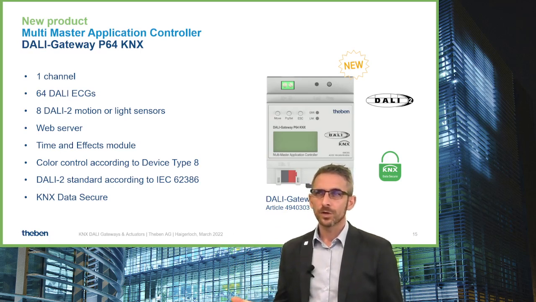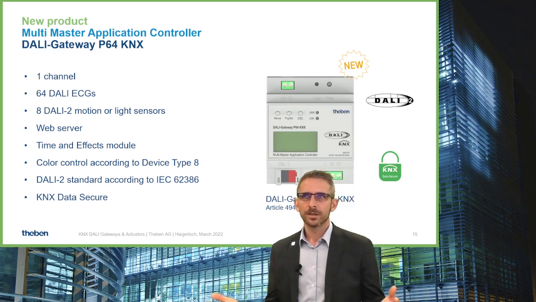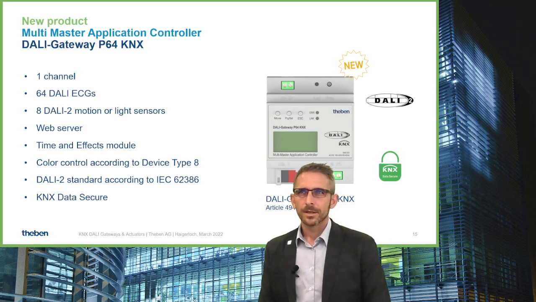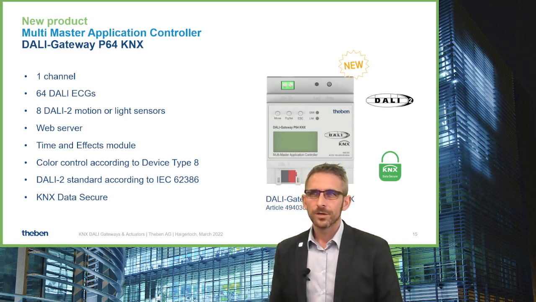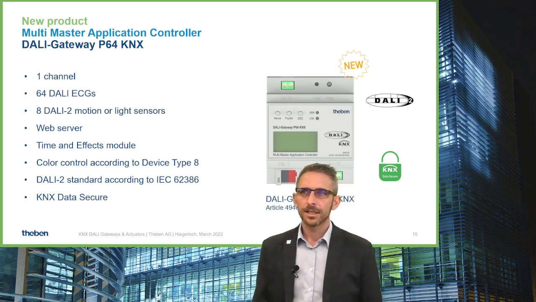And the time module can be used for the same, but the time module very often is used to simulate daylight. Sometimes we heard about human-centric lighting. In this case, we can use the time function of the DALI gateway, and we can set, for example, start at 8 o'clock in the morning.